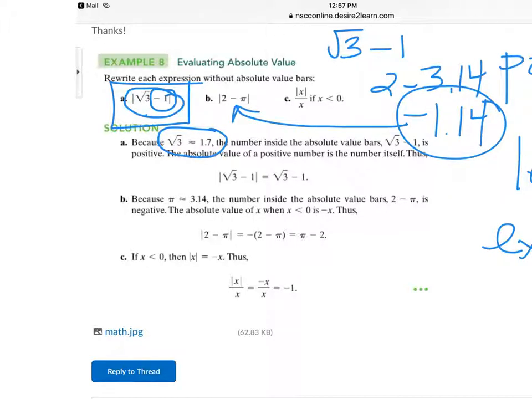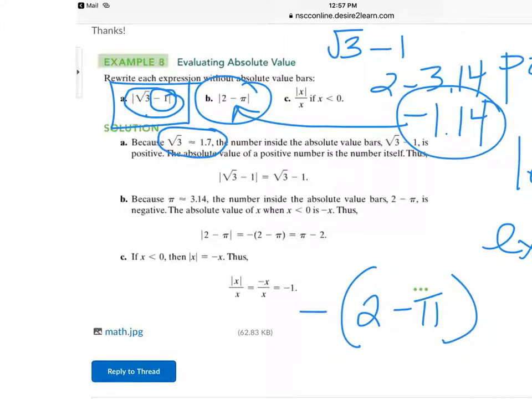So when we rewrite this expression without the absolute value bars, we're going to remove them and put a negative on the front. That's going to give us negative 2 plus pi, because that negative is applied to everything inside of the parentheses. So the positive 2 becomes negative 2, and then negative pi becomes positive pi.